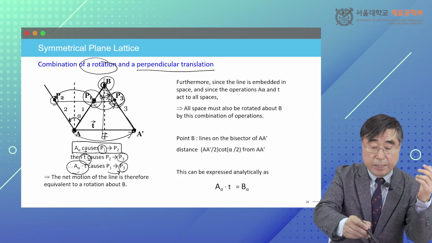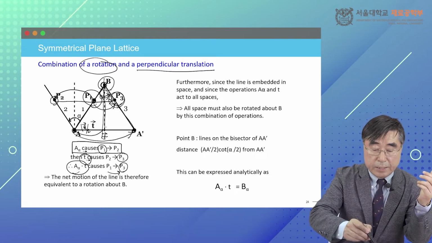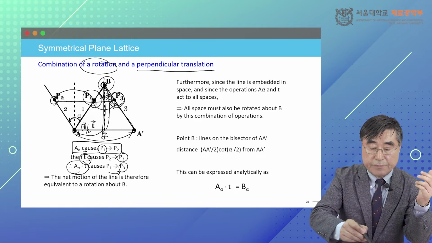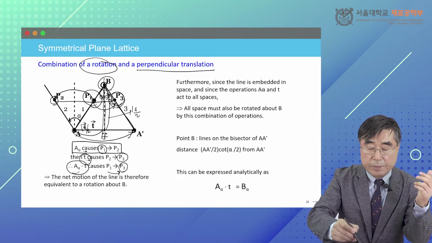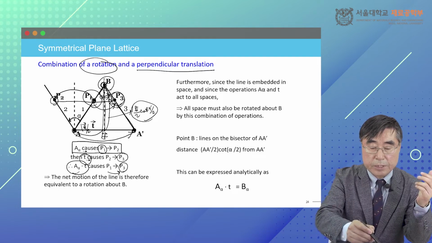And this B can be analyzed geometrically: this is the t vector magnitude over 2, and then this length is defined by half the t vector magnitude times cotangent alpha over 2. Okay, so this angle is alpha over 2.